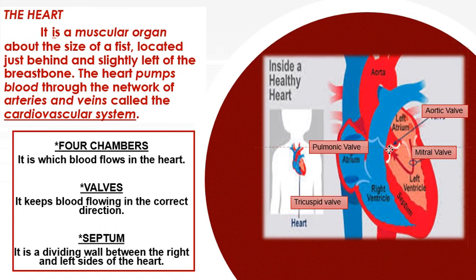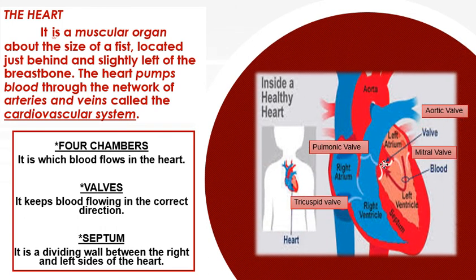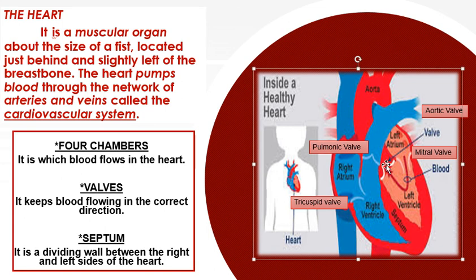Okay. So, to proceed, ang heart, naa pod siya'y mga valves. So, unsa man ang valves? Valves are the ones that keep blood flowing in the correct direction. Dili man gud pwede nga ang heart nato isara ang agianan padulong sa heart, and then paadto sa different parts of our body.